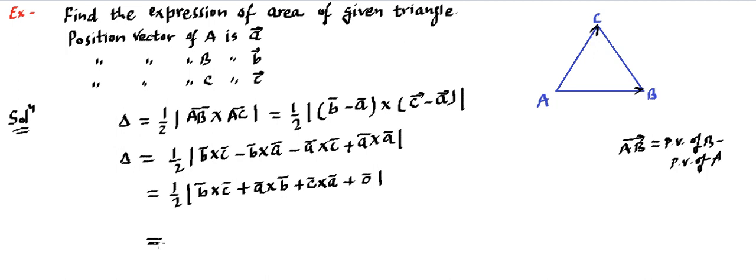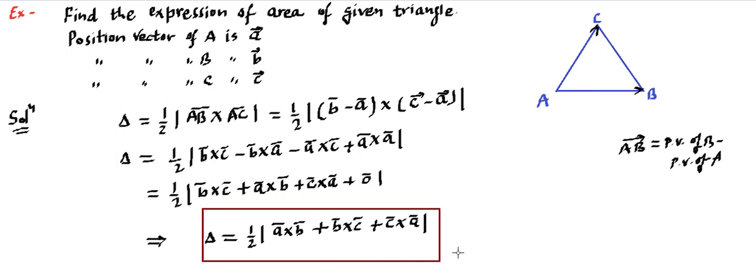So from here we will be having this kind of a formula, or our answer in this particular example, that the triangle's area, if the position vectors are known to us, is going to be half mod of A cross B plus B cross C plus C cross A. So that's going to be in cyclic order and doing cross product between two vectors at a time and adding the rest of it. So this becomes an important formula.